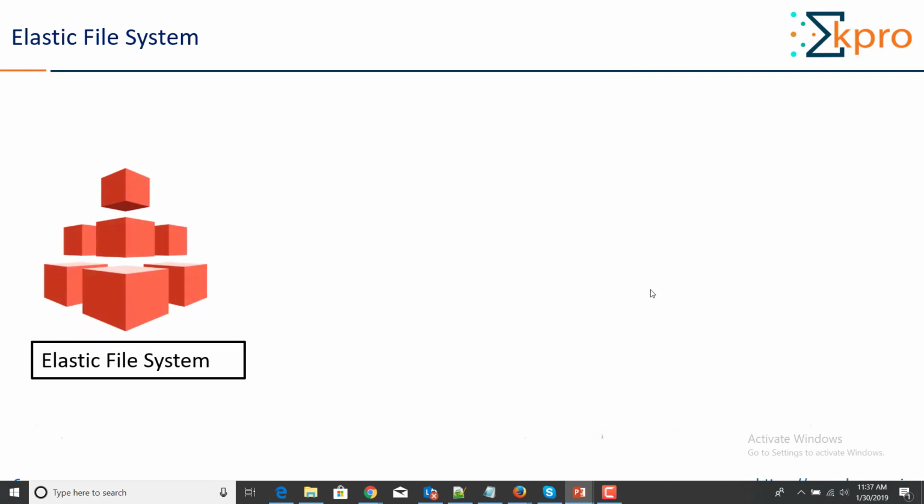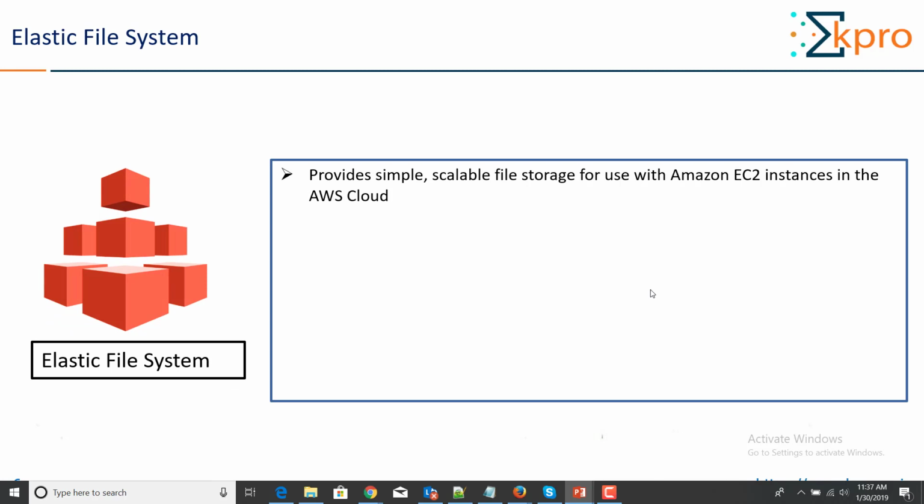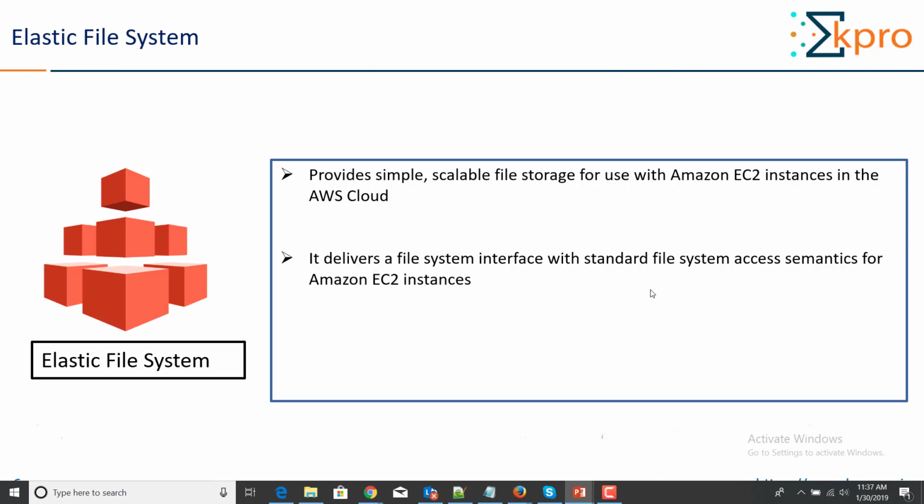Now another storage is Elastic File System, and that provides simple, scalable file storage for use with Amazon EC2 instances in the cloud. It delivers a file system interface with standard file system access semantics for Amazon EC2 instances. Like when launching a virtual machine, you can select a file system, and that would be an Elastic File System, very similar to our on-premises file system.